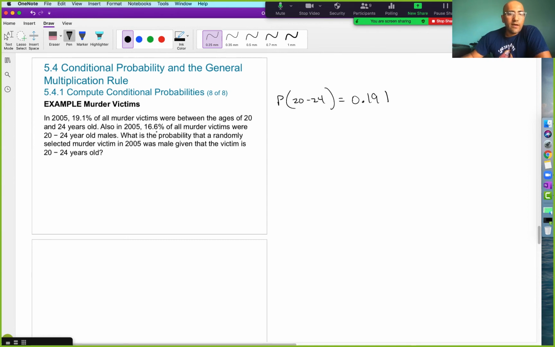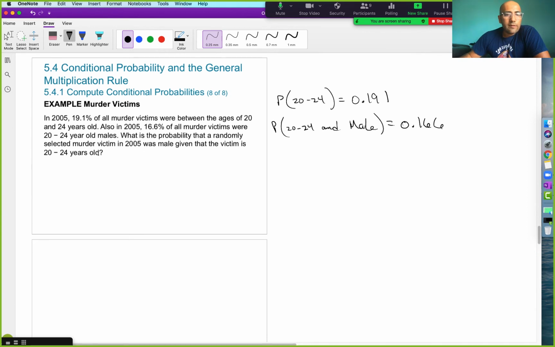Also in 2005, 16.6% of all murder victims were 20 to 24-year-old males, so the probability that someone is 20 to 24 years old and male is 0.166.